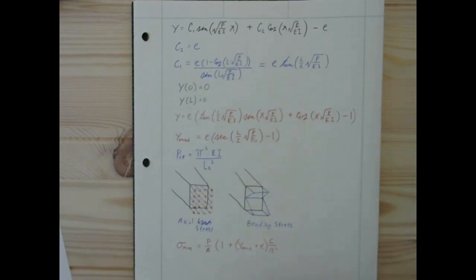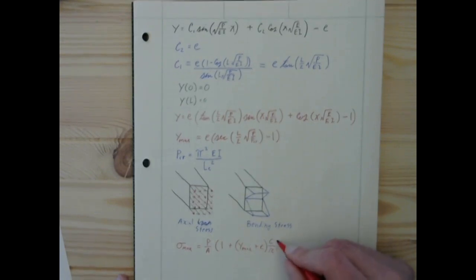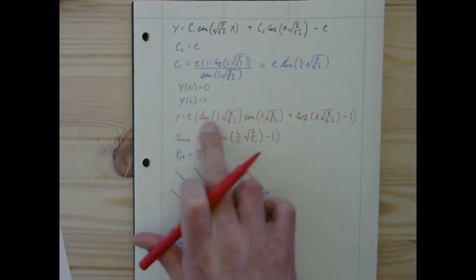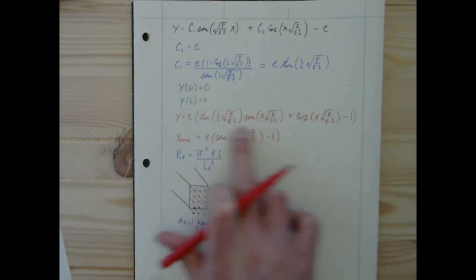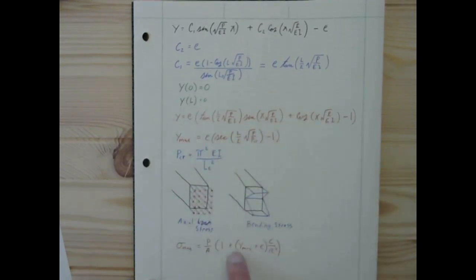So we've got to call it something else. We're calling it C. So that is our maximum stress equation. Obviously, we can plug in this for y max to get just one equation for that.